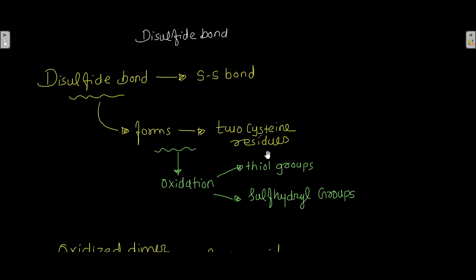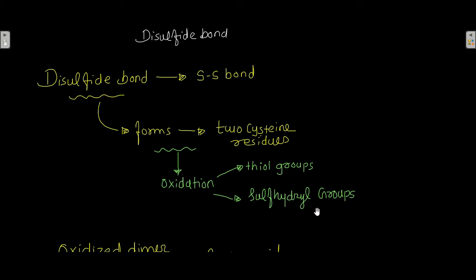Okay, these disulfide bonds form between two cysteine residues by the oxidation of their thiol groups or sulfhydryl groups. So the disulfide bond in your protein, which constitutes the covalent bond present in the tertiary structure, is formed between two cysteine residues due to oxidation of thiol groups or sulfhydryl groups.